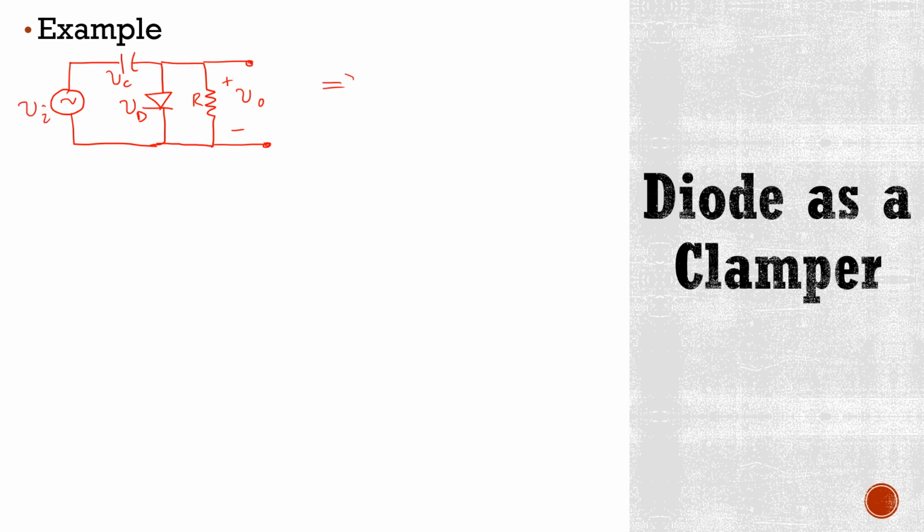Now if your input signal is a square wave where this point is positive Vi, and suppose in this case its amplitude is 24 volts, and if this point is negative Vi and its amplitude is minus 24 volts.